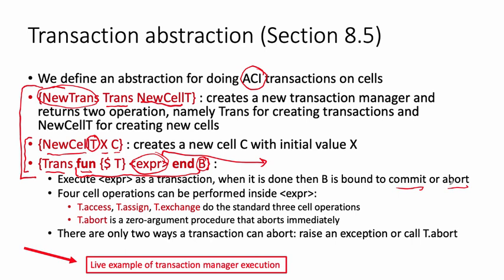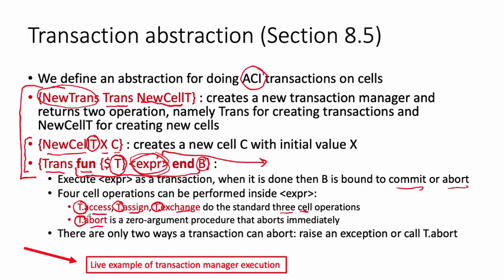So how does this expression, how does it do the cell operations? Well, it's because of this T argument. You see how the transaction is cleverly designed here? This T is a record with 4 fields, which gives access, assign, exchange operations. So these are actually the standard 3 cell operations. And there's another one, a 4th one, called abort.